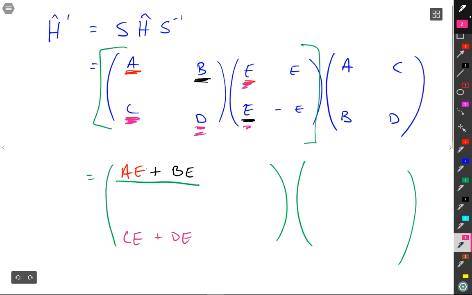Now, second column, first row, that's going to be A with E. First row, second column, and then B with minus E, so minus BE. And finally, what's the last one going to be? Right.